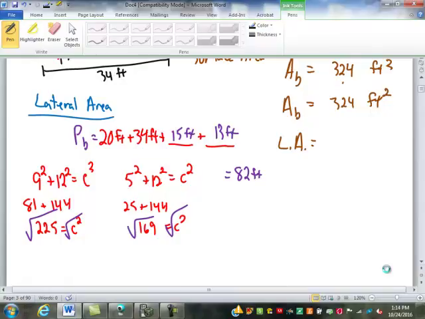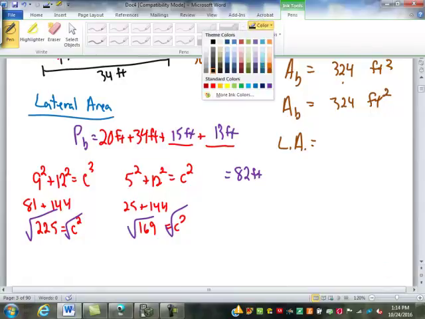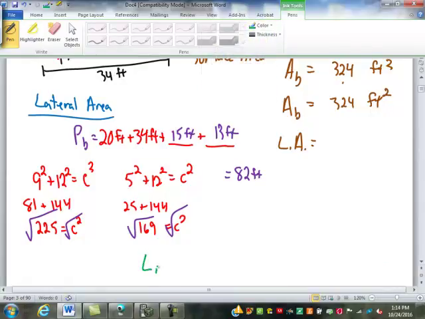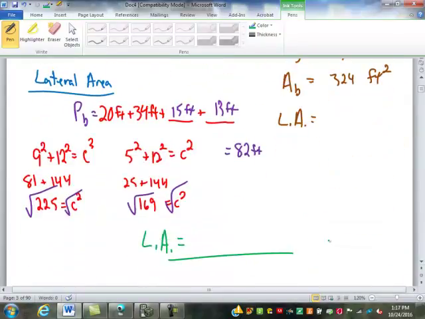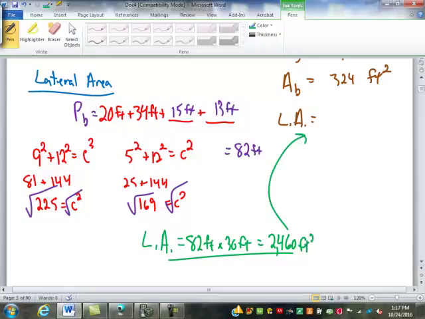So now that you've found the perimeter of the base, find the lateral area. I'll give you a minute to do that. 40 seconds to do that. So that lateral area is 82 feet times 30 feet, otherwise known as 2,460 square feet, which is going to go up here.